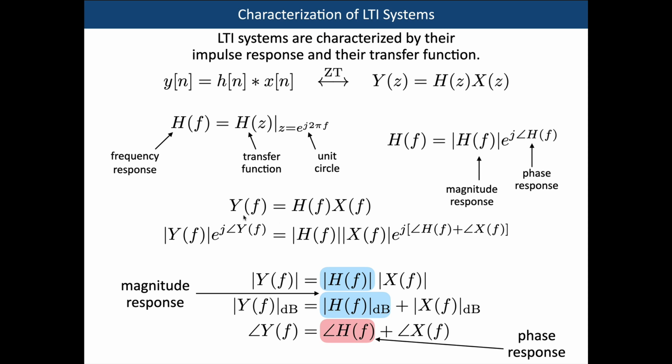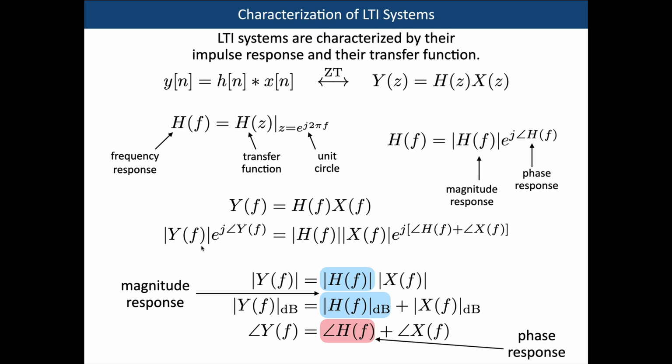And then if we do the polar decomposition of each of these functions, we have the magnitude and the phase of the output. That's equal to the product of the magnitudes of h and x, and then we have e to the j, the sum of the phase response plus the phase of the input signal.